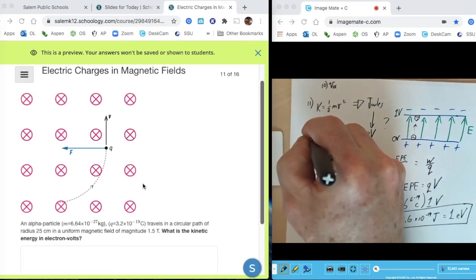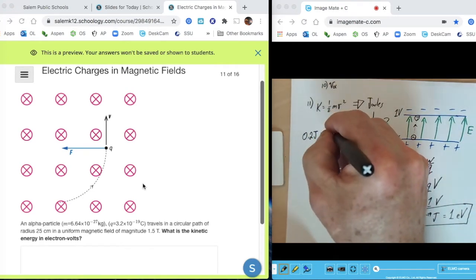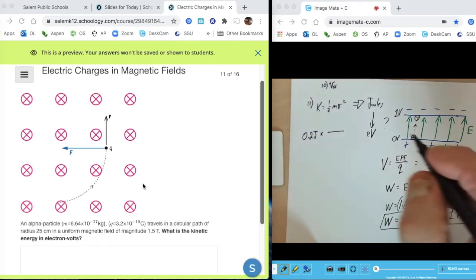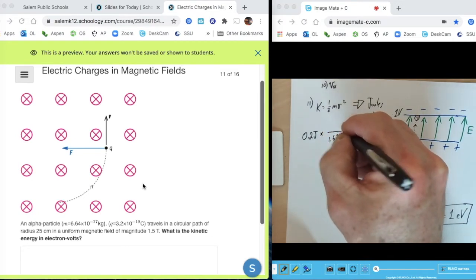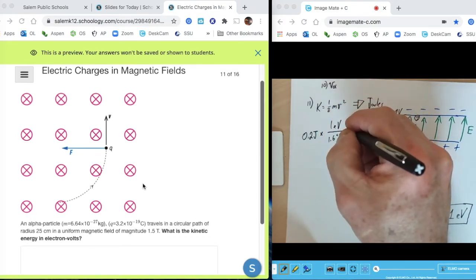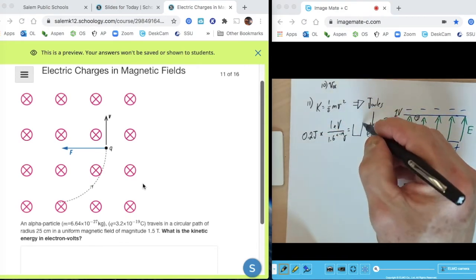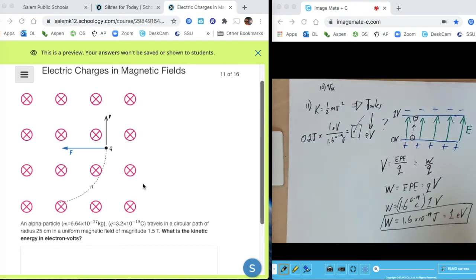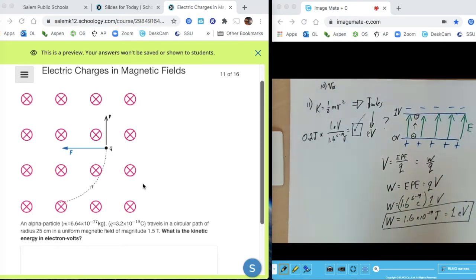Say it's got 0.2 joules. Well, how many EVs is 0.2 joules? Well, 1.6 E negative 19 joules is 1 EV. So I would just divide 0.2 by that number, and I would get a value. Okay, that's how you turn KE into EVs.